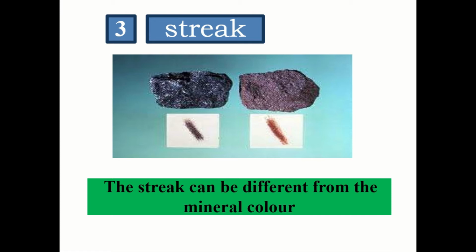Another property which could show the difference when it comes to color is the powder that is left when it's scratched on another surface. From that, we can differentiate our minerals by color. So that is our streak. Again, it varies depending on the mineral's composition and color.